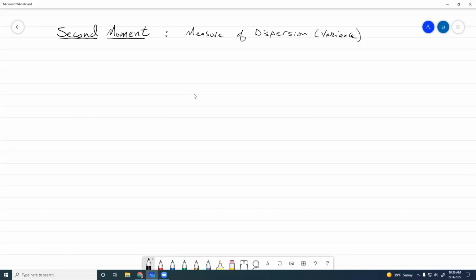Okay, so this describes how widely or narrowly the values of a random variable are spread about the mean, or the expected value.